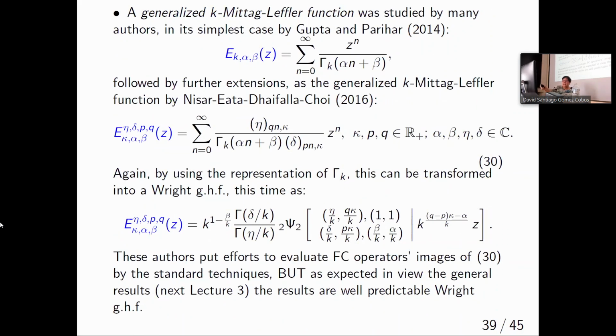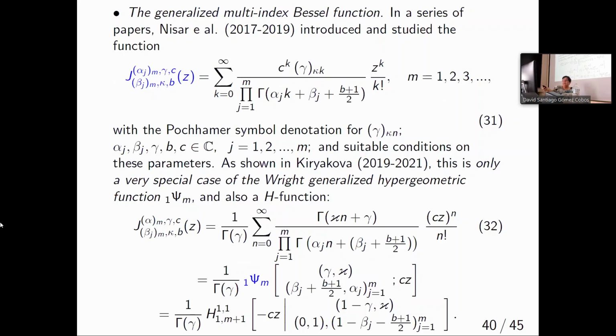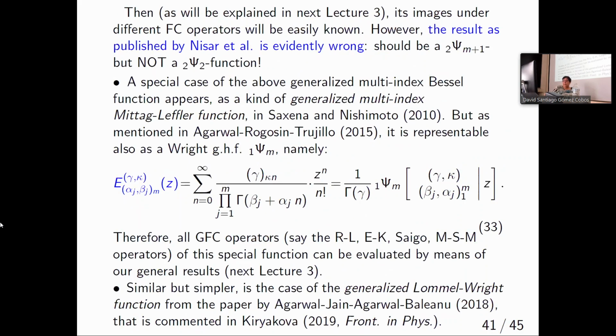And here are many other examples you see in equation 30. Again, it can be presented like the Wright function, and then the theory of the Wright function applies. You see how many other indices are involved in so-called new special functions. But I always show that these are not new special functions.